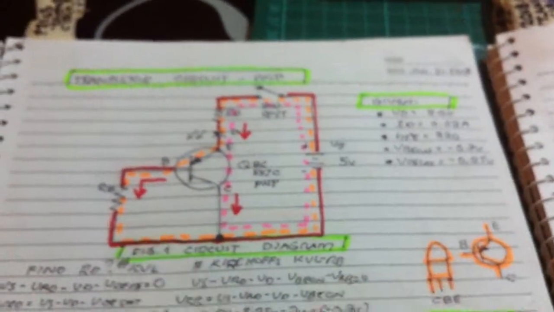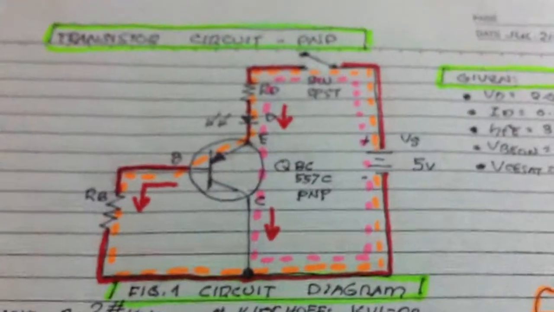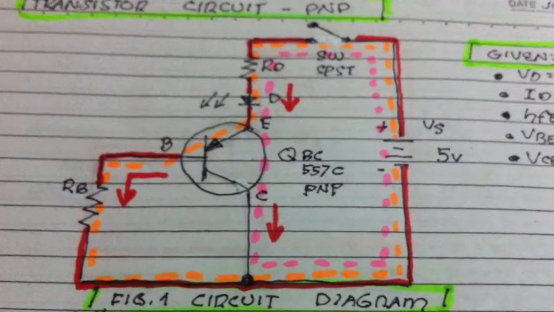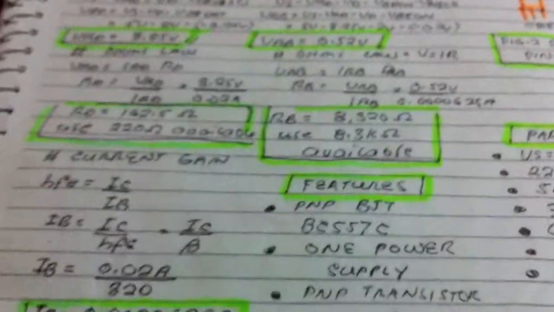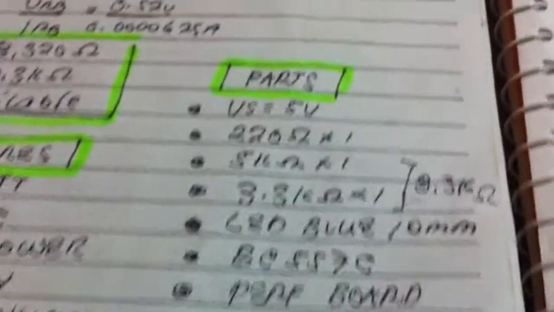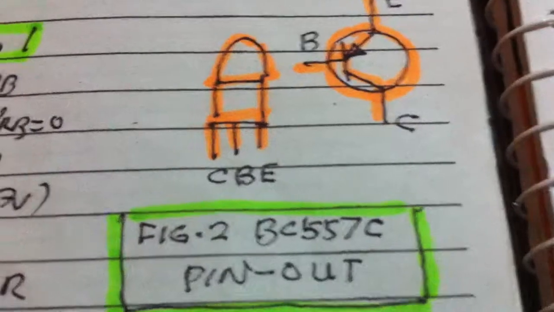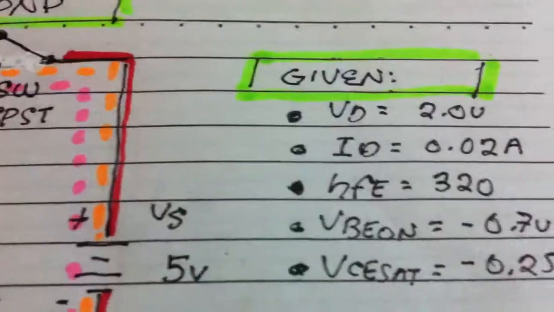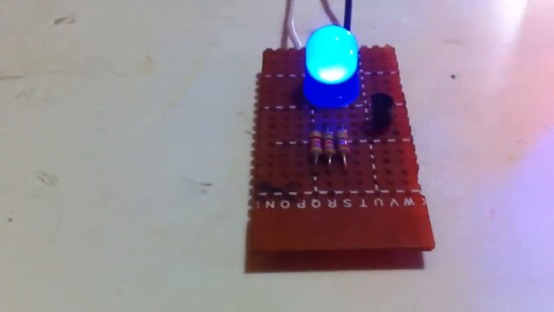That is the operation of the PNP, and we calculated all the values here since this is our previous circuit. We have some parts here, and we have pin out, also the given data, and that is the circuit we have here.